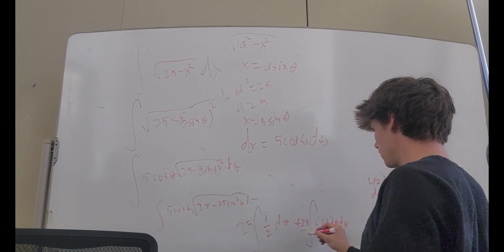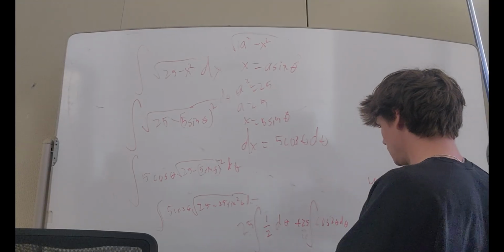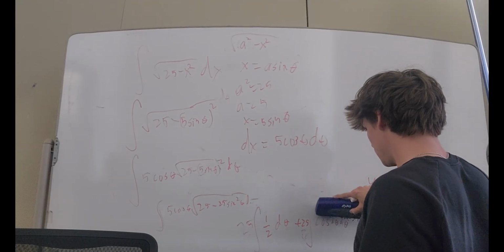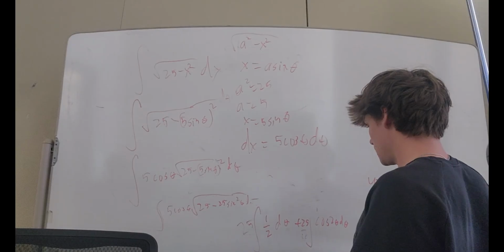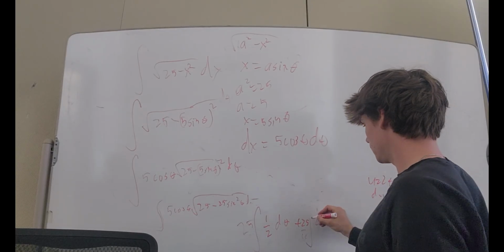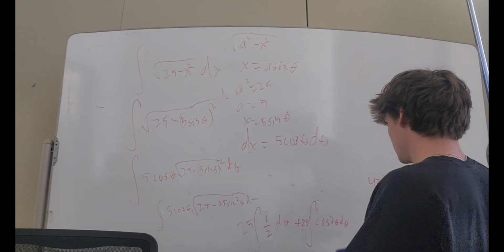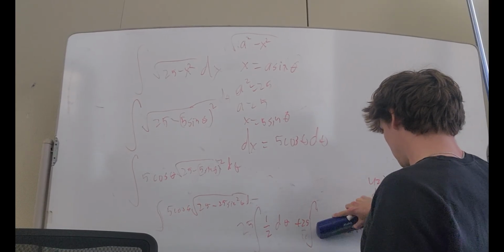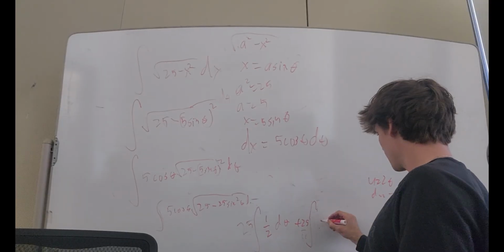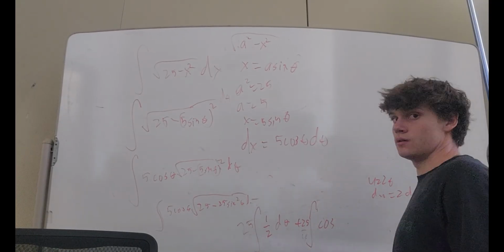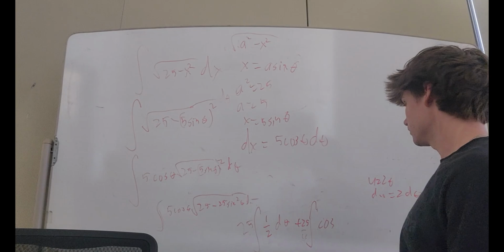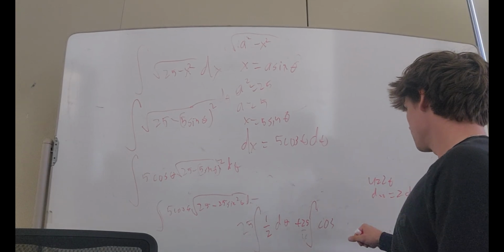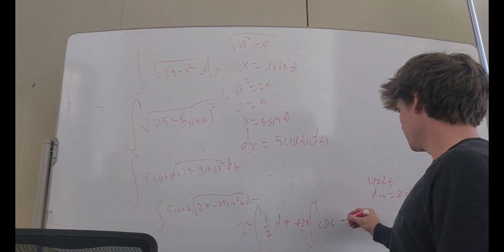This will turn into 25 over 4. We'll write this in terms of u now. So this is now the integral of cosine of u.